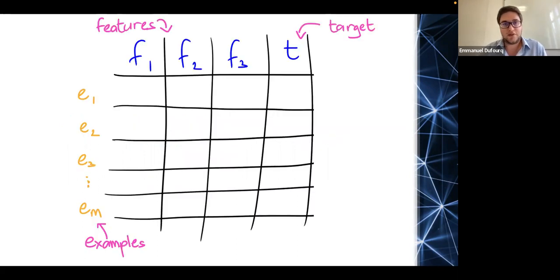So let's say we have our data and it contains multiple features. In our imaginary data here, we have 3 features and we have 1 target. Remember, we want to build a mapping between the features and the target. And in our case, we have M examples. So how is the data used?